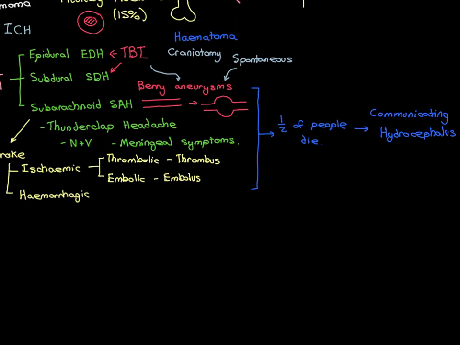And the answer is that temporarily, we can prescribe them acetazolamide. So we can temporarily use acetazolamide here. And of course, that will stop the production of more CSF. So that will help stop the rise in intracranial pressure, but more long term we need to be removing that blood from the subarachnoid space so that we can get the cerebrospinal fluid system working properly again.